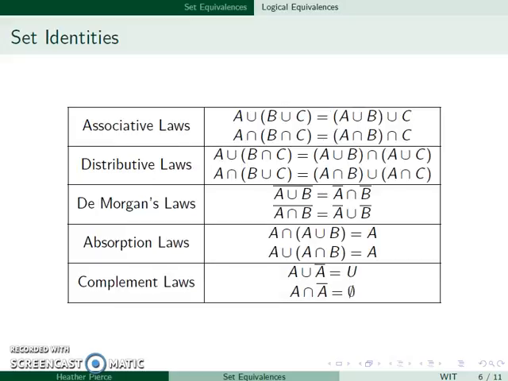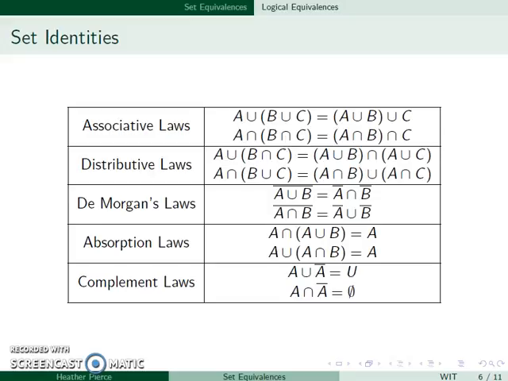We have the associative laws. So this says wherever our parentheses are, doesn't matter as long as we're doing all unions or all intersections. Distributive laws: A union (B intersect C) is equal to (A union B) intersect (A union C). And then A intersect (B union C) is equal to (A intersect B) union (A intersect C).